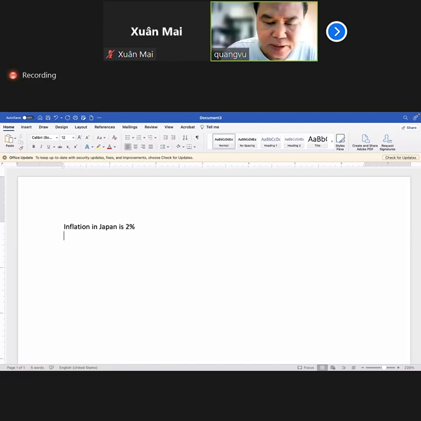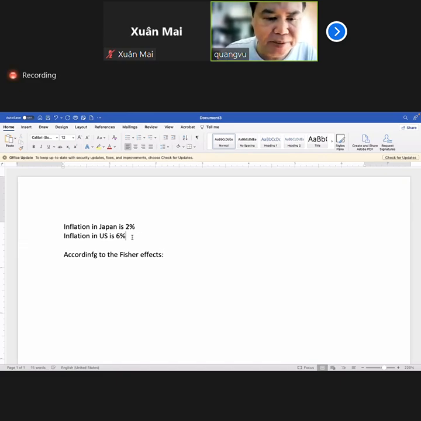At the same time, you expect inflation in the United States to be 6%, right? Or you expect inflation in Japan to be 4% less than inflation in the United States. And how can you tell about the nominal rate in the two countries? Okay, so according to the Fisher effect, right?